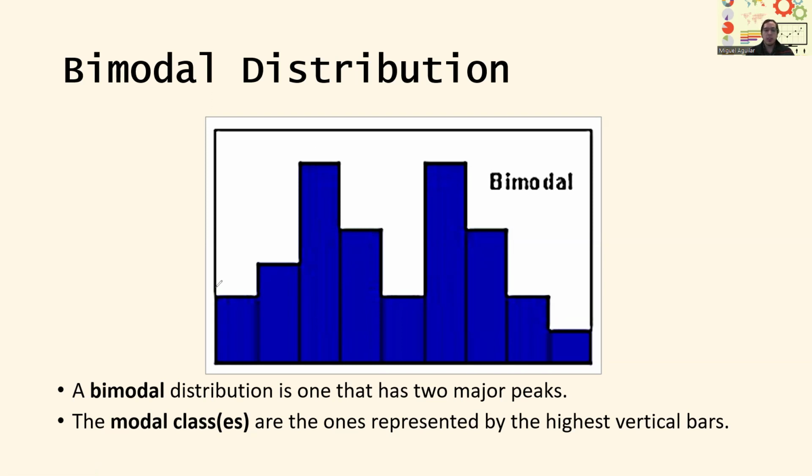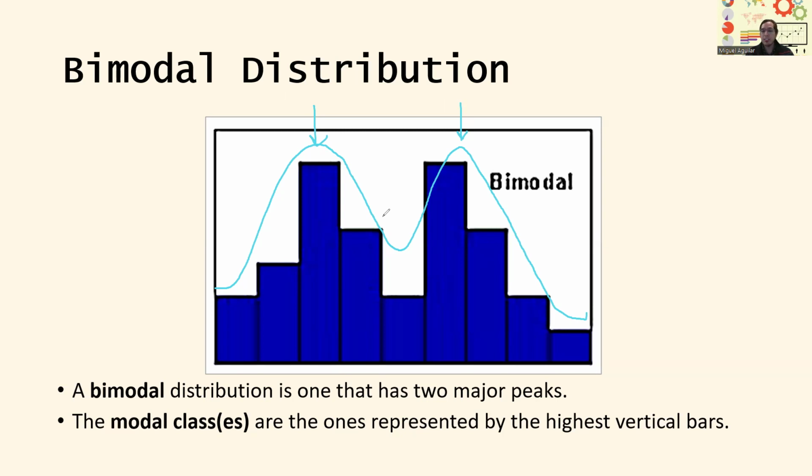So if we look at this, this is called bimodal because if we trace alongside the shape of this distribution, we have one modal class here, we have a dip in the center, and then it looks like we have another pretty tall vertical bar there representing a high frequency data class, and then we taper off at the end. And so since we have these two major peaks, that's how we know we're dealing with a bimodal distribution, okay?